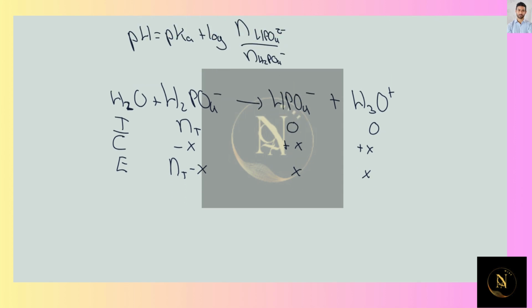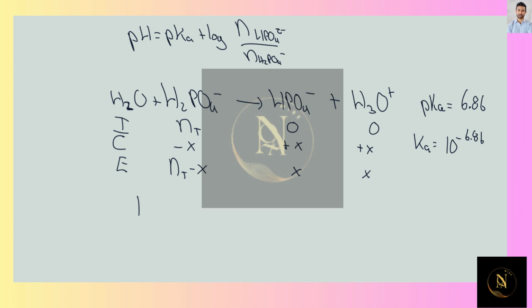So for this reaction, we know that the pKa is equal to 6.86. Thus, the Ka for this reaction is 10 to the minus 6.86.